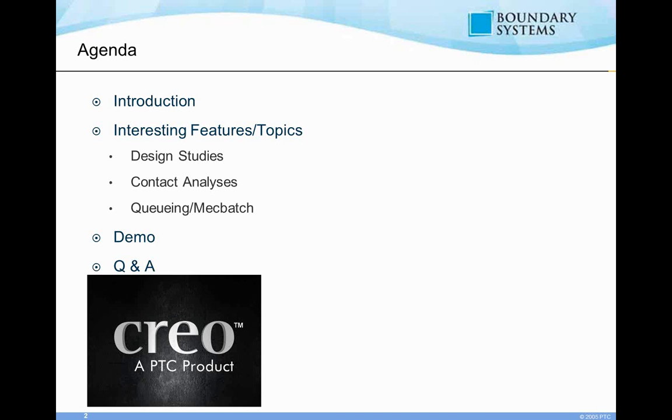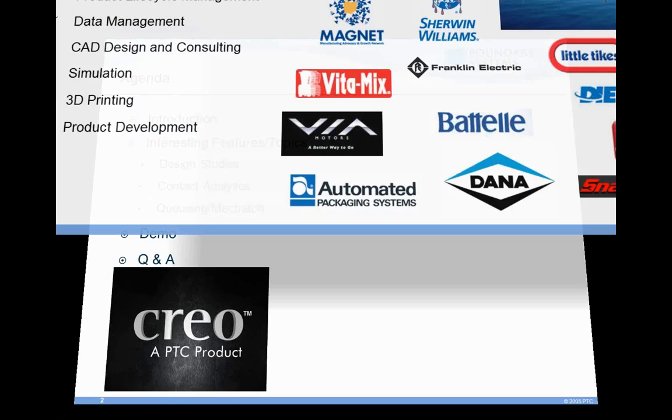Then we're going to highlight contact analyses, basically being able to simulate snap fits or have multiple components deform relative to each other. And lastly, I'll highlight the fact that you can queue multiple runs and have them run sequentially with each other using the MEK Batch feature. After that we'll go into a Q&A, and then that'll be the end of the demo.